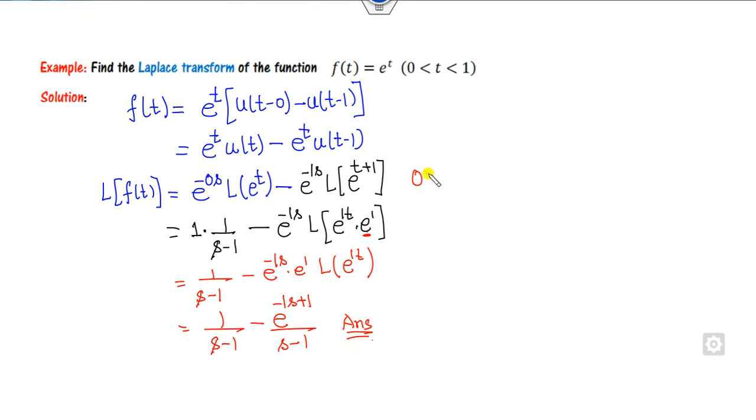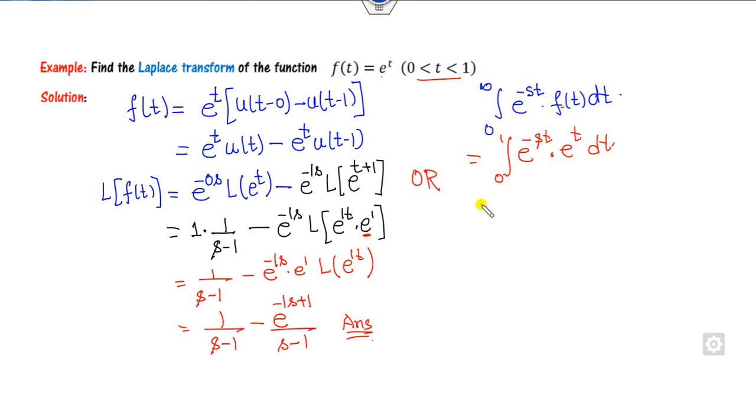Fine. Also you can solve this problem again with the help of the definition. What is the definition of this? You have to integrate e raised to power minus s into t, f of t into dt. So I can substitute this value over this domain. E raised to power minus s into t, f of t will be here.